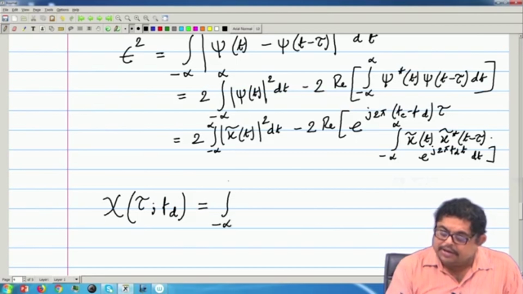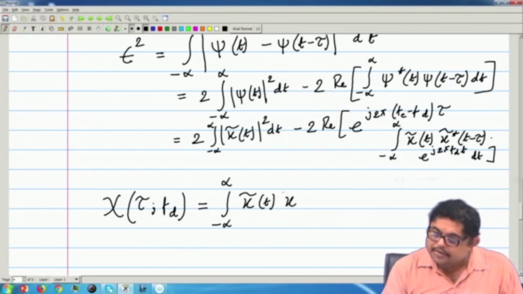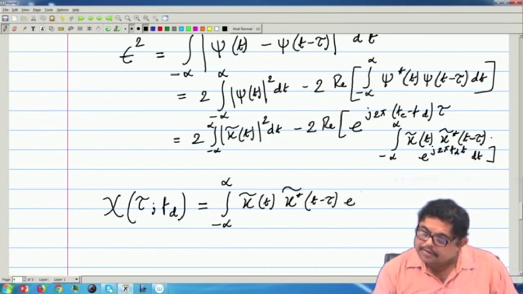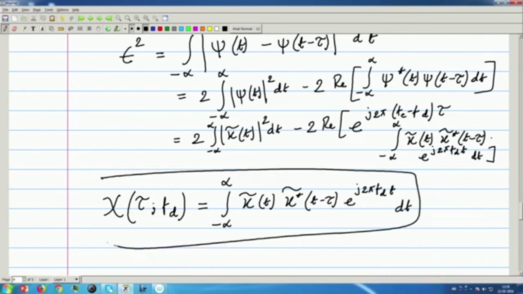We define it as, and this should be called equation 40.